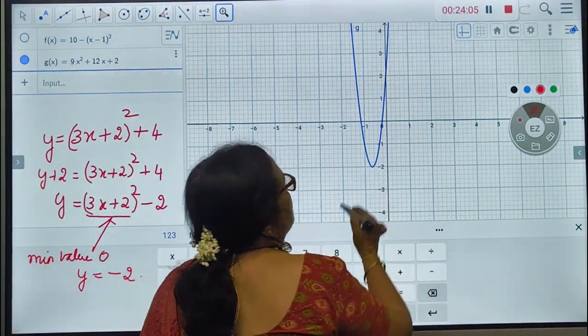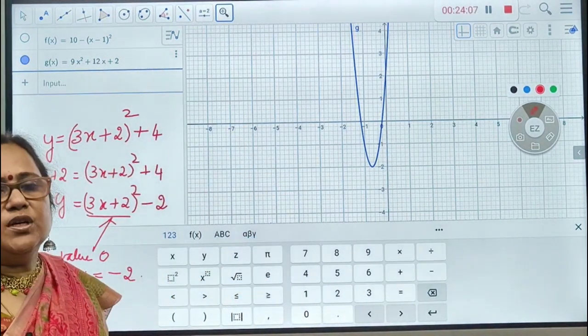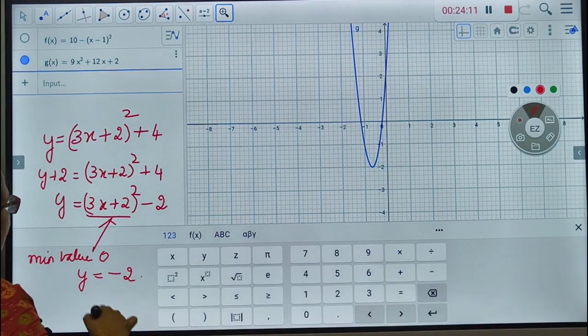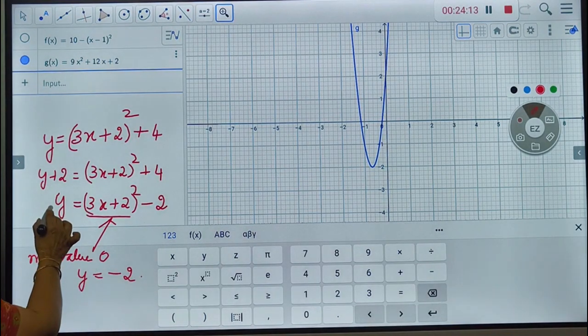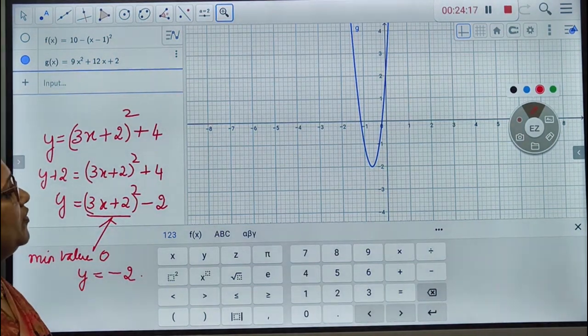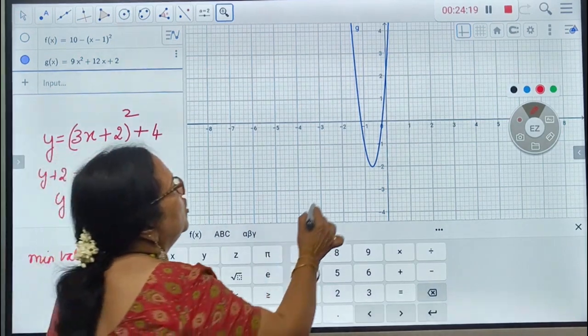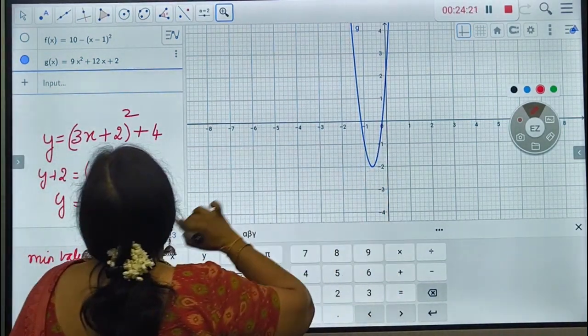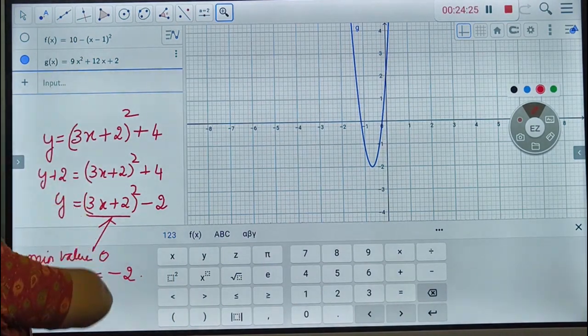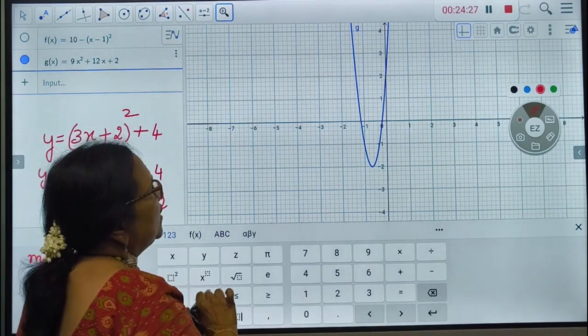So you can see it is minus 2. So the minimum value is minus 2. Okay. So for what value of x is y minus 2? I can find out for what value of x, y is minus 2. So this value of x will give you, if I want, I can write down the point. Have you understood this?